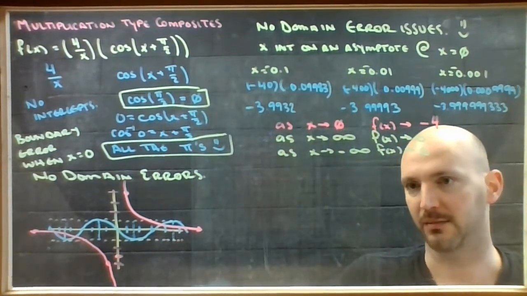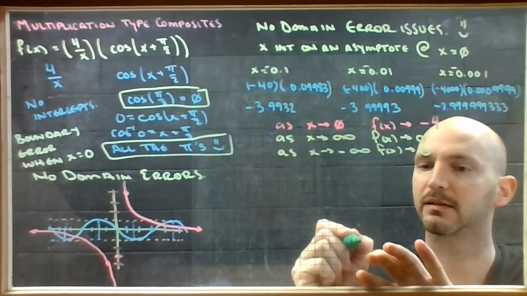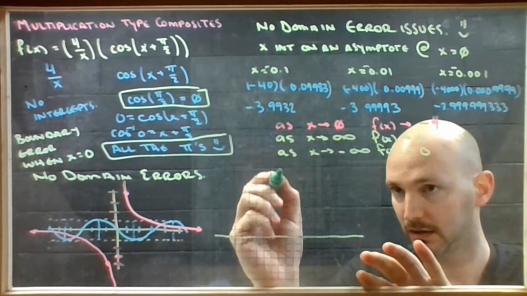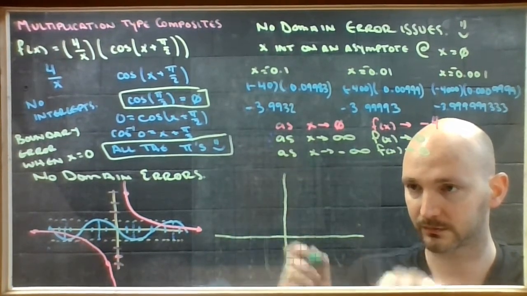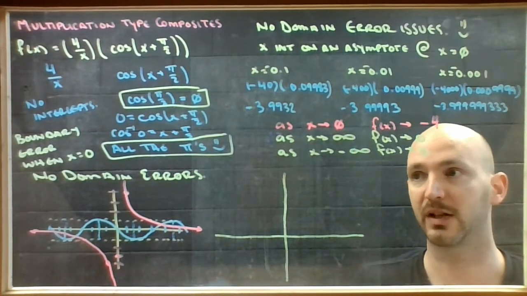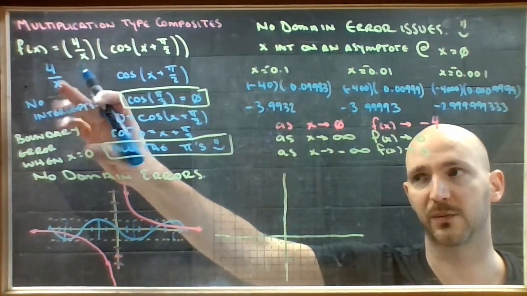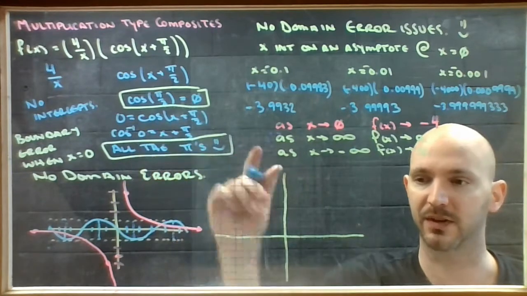Alright, so I'll get myself an x-axis. And a y-axis. I'm going to go through and try and put on these features. So I had no intercepts from this piece, but I had intercepts at all the pi's for this one.